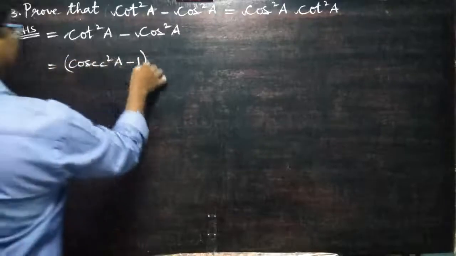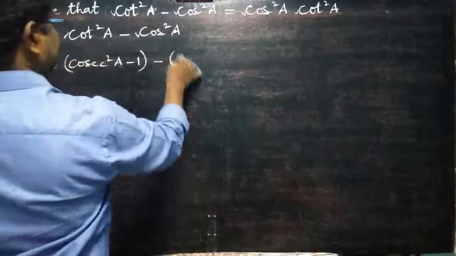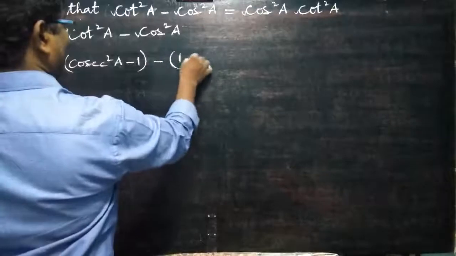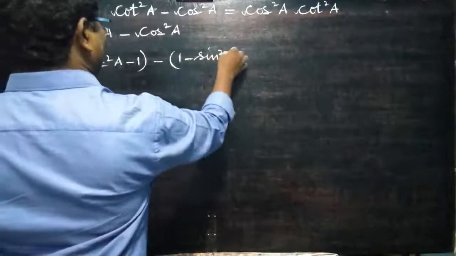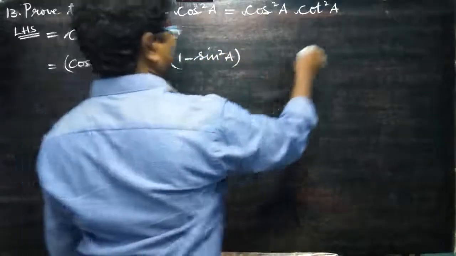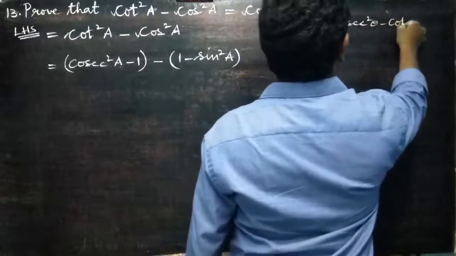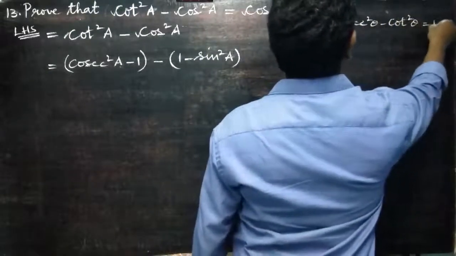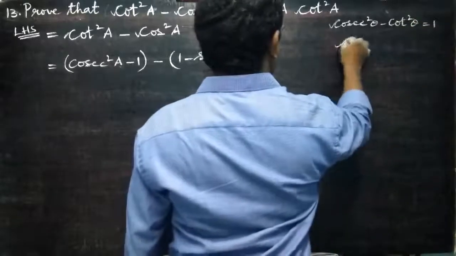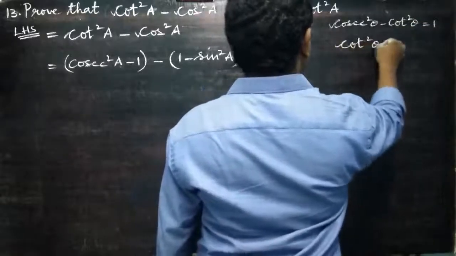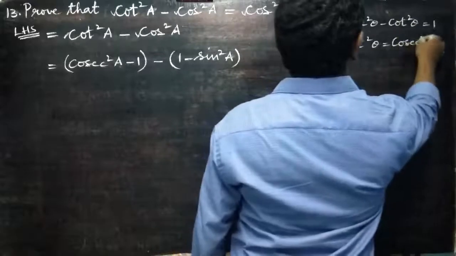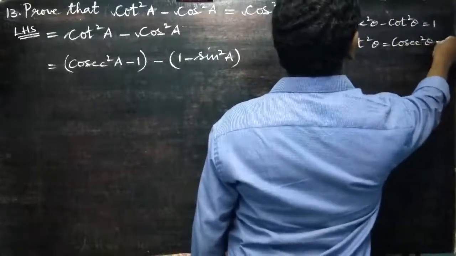From where? From identity. Minus cos square A I am writing as 1 minus sin square A. Mention the formulas. Cosecant square theta minus cot square theta is equal to 1. This is the identity. Now cot square theta is equal to cosecant square theta minus 1.